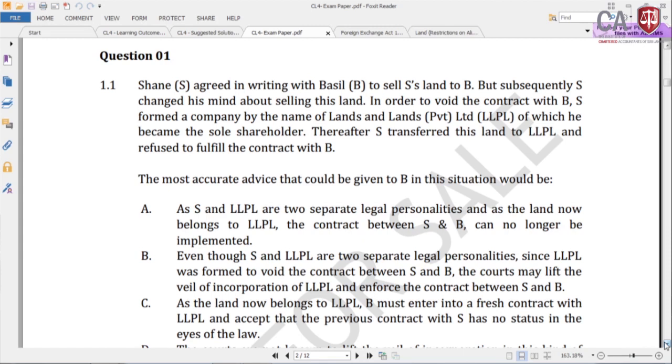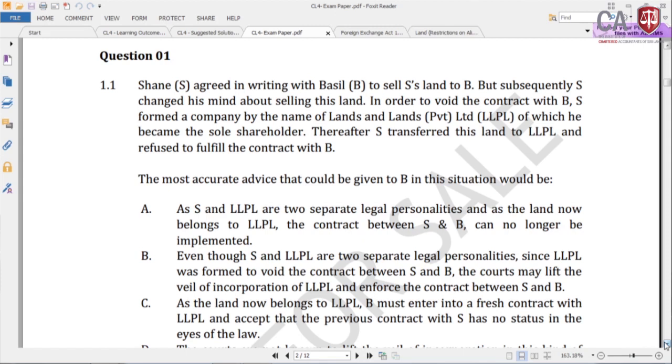In order to void the contract with Basil, Shane formed a company by the name of Lands and Lands Private Limited, LLPL, of which he became the sole shareholder. Thereafter, Shane transferred this land to LLPL and refused to fulfill the contract with Basil.